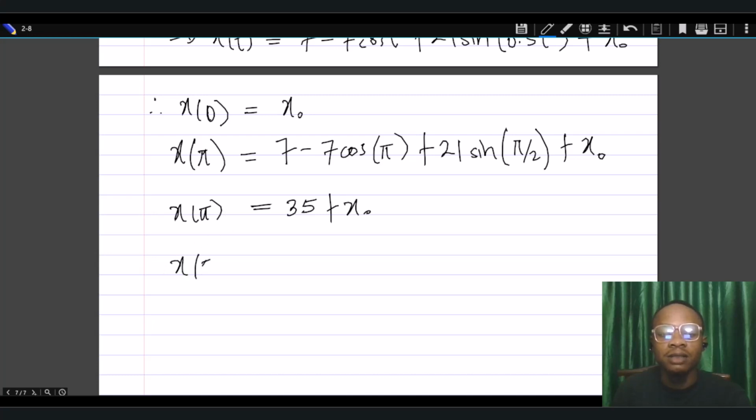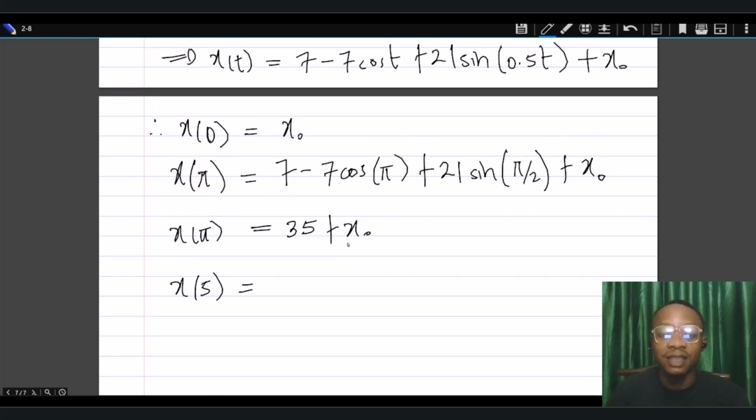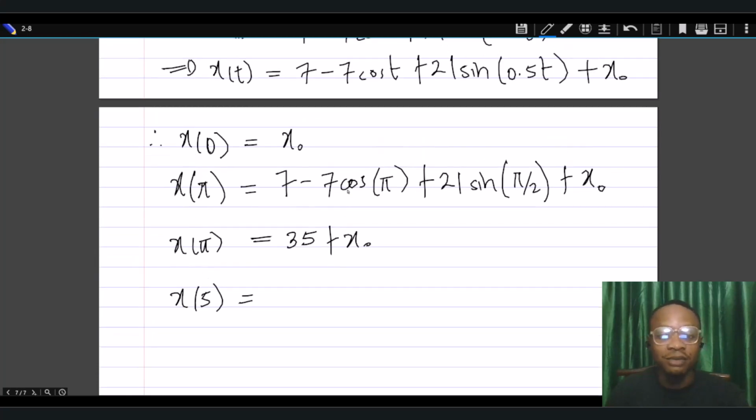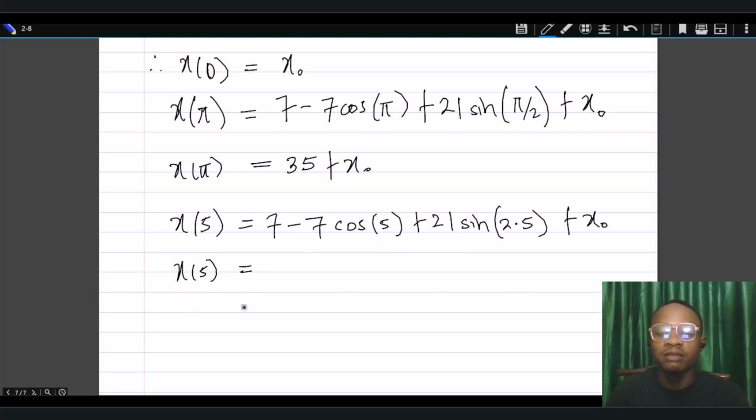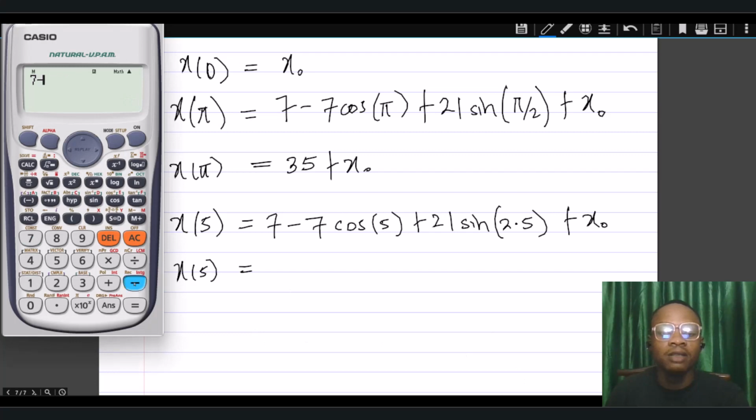Then we get our x when t is equal to 5. So don't forget your calculator has to be in radians, please. So this is going to be 7 minus 7 cos 5, plus 21 sine of 5 over 2, that is 2.5, then plus x naught. So let's evaluate this: 7 minus 7 cos 5, in radians, please make sure it's in radians, plus 21 sine 2.5.